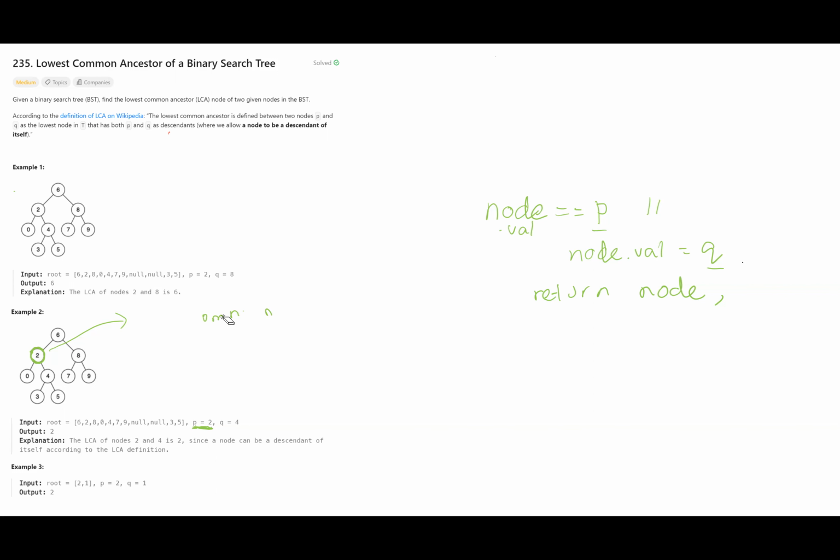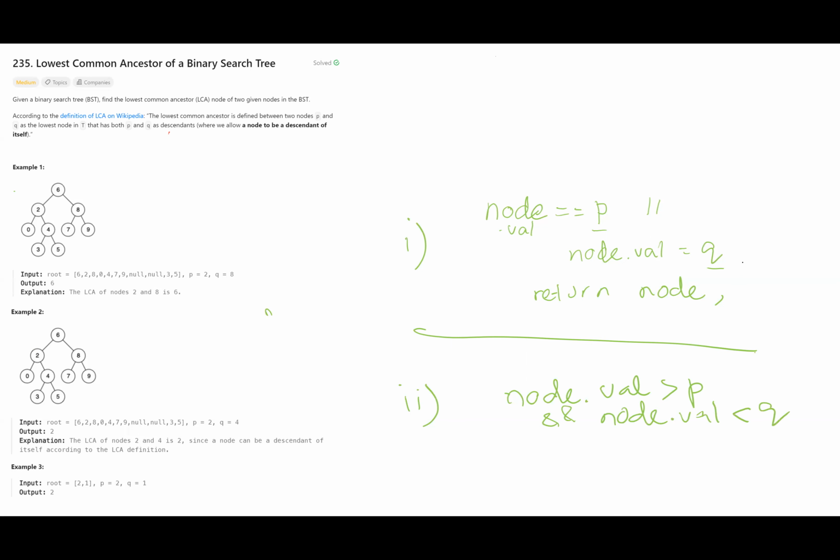Let's talk about another case. Suppose you have reached a node, and you see that node.value is greater than P, and node.value is less than Q. Say you reached this node, and you see that the node's value is greater than P. That means P is here.